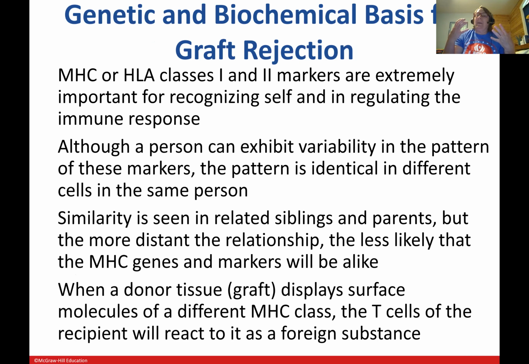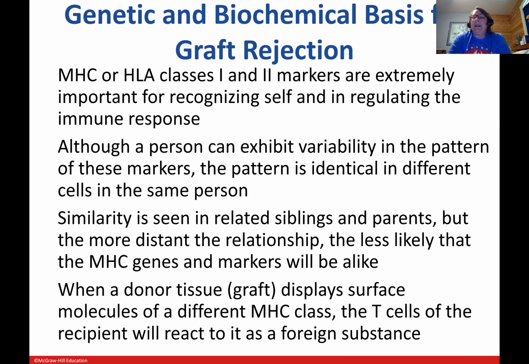And this is basically one of the main mechanisms that the immune system uses to know which tissue is self and which is not. And so even though a person can have some variability in the patterns of these markers, in an individual person, it's identical in the similar kinds of tissues in that same person.